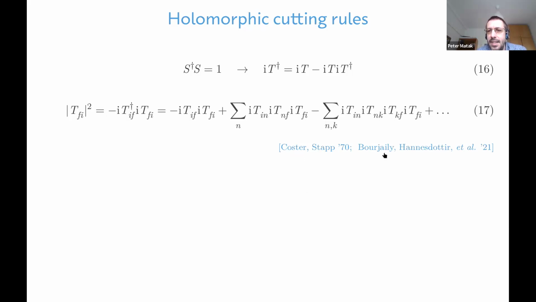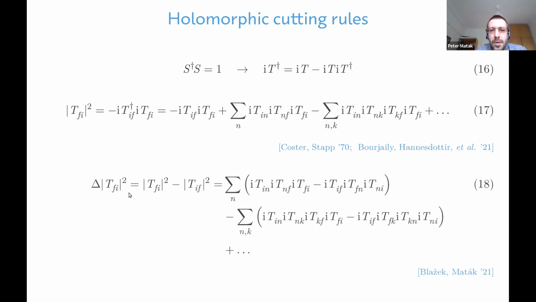And then Hofie Hannesdottir and her collaborators wrote a paper where they again introduced this idea by studying the analytic properties of the scattering amplitude, and we use it for the description of the asymmetries, because when you subtract the 2 squares from I to F and from F to I, computing the CP asymmetry, you will end up with a series of this type, where, when you sum over all the final states, you will observe pairwise cancellations between diagrams.